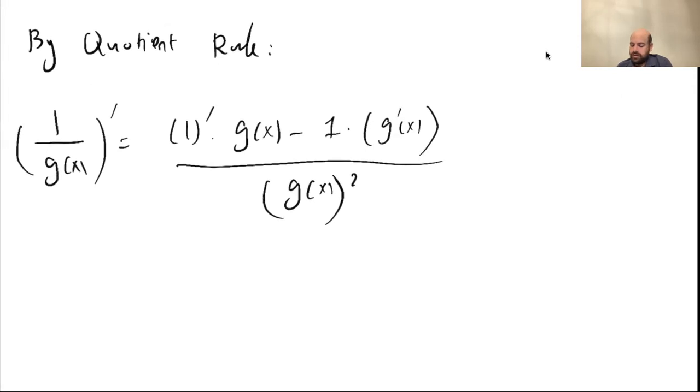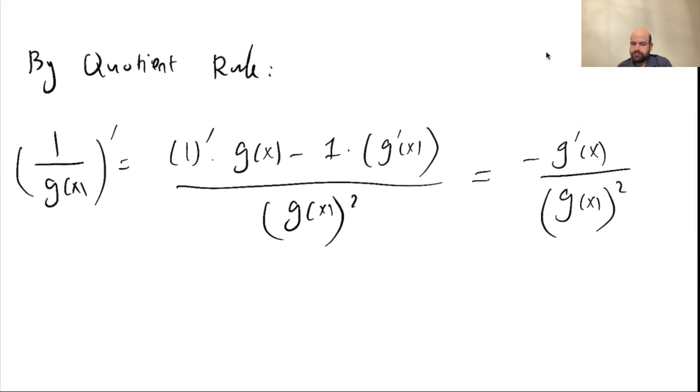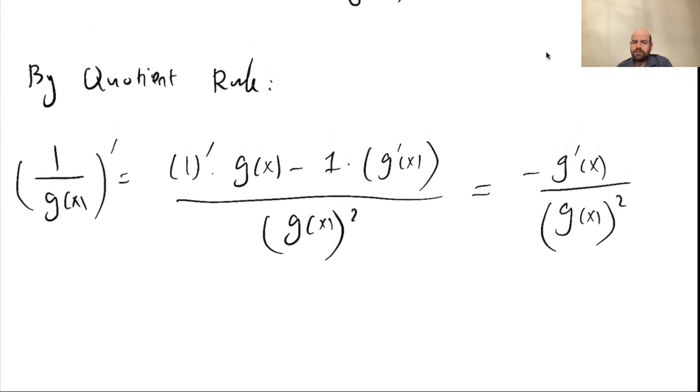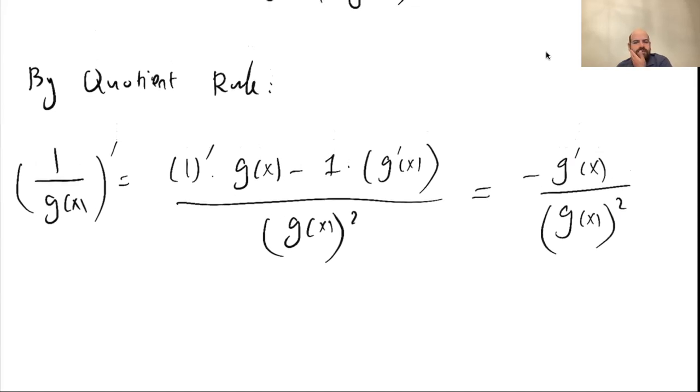So it's going to be 0 times g of x minus g prime of x over g of x the whole squared. So the derivative of 1 over g of x is minus g prime of x over g of x the whole squared.